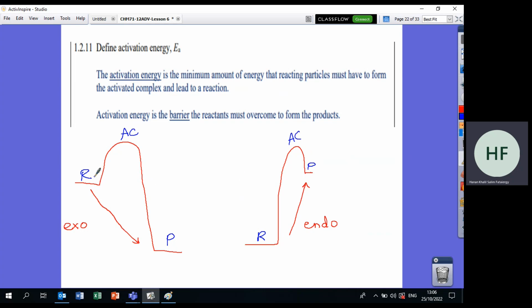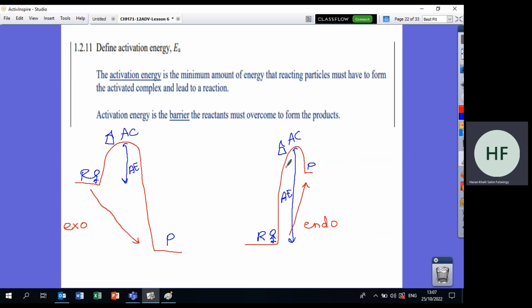Now, if you are here and your house is here, this is the AE. This is the activation energy, the height of the mountain. Okay, same thing. If you are here and your house is here, this is the AE or the activation energy. Now if you see that the activation energy is more, where do you reach your house faster?